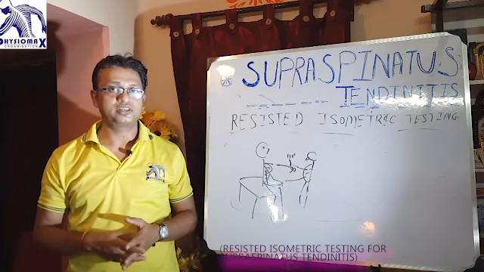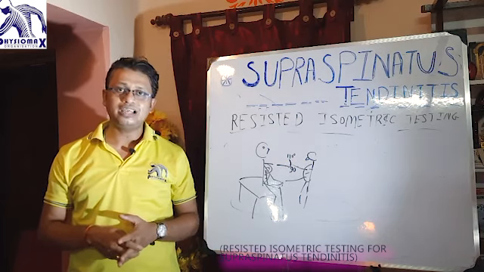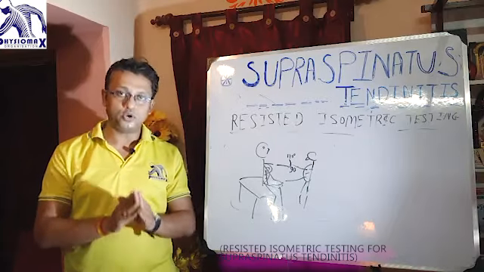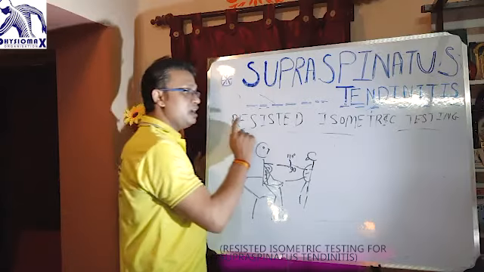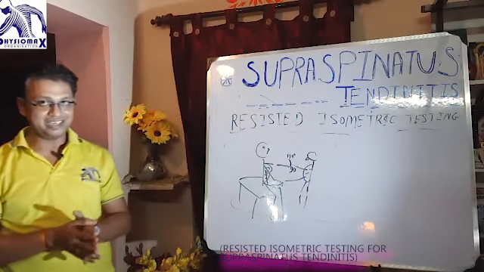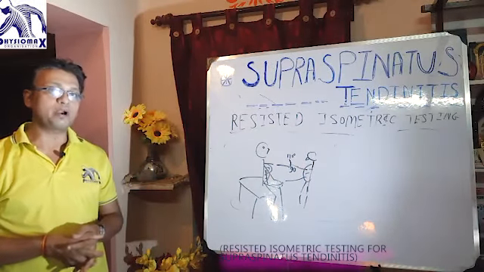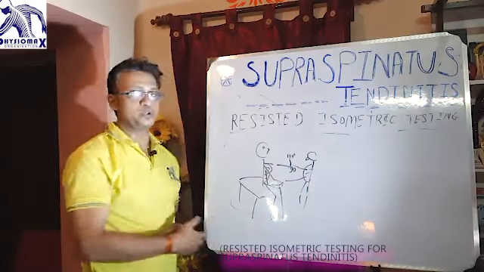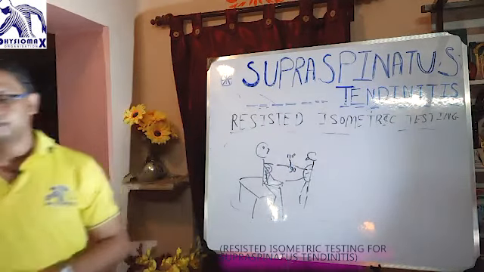But if the patient is only in an acute or subacute phase, it is better not to do the MMT. Better to do the resisted isometric testing. So with this video, we understand how and where to perform the resisted isometric testing for a condition of supraspinatus tendinitis.